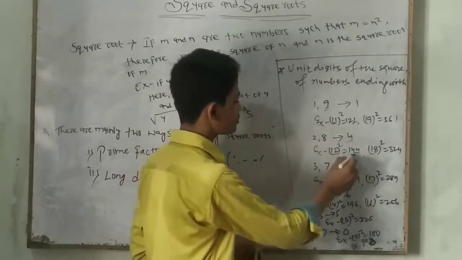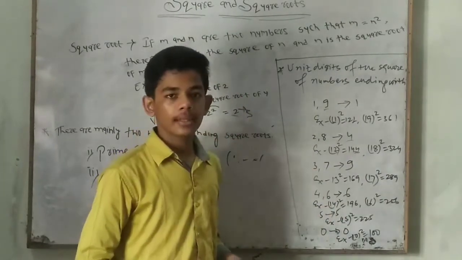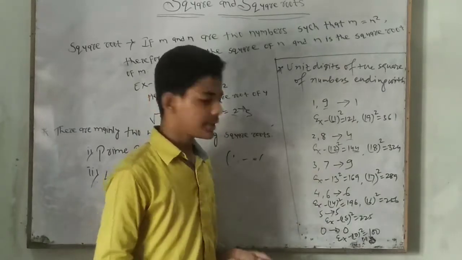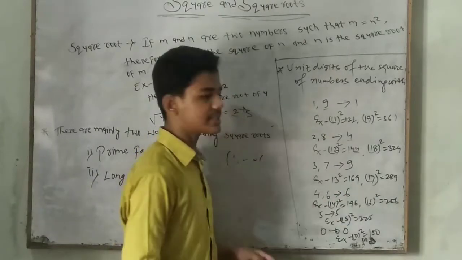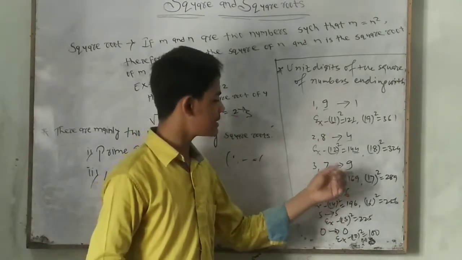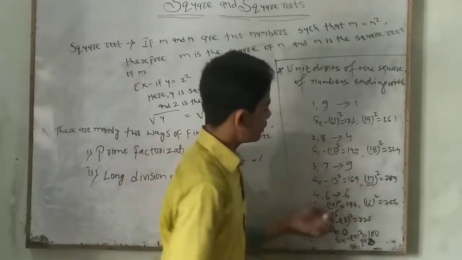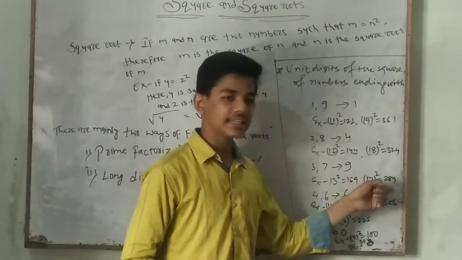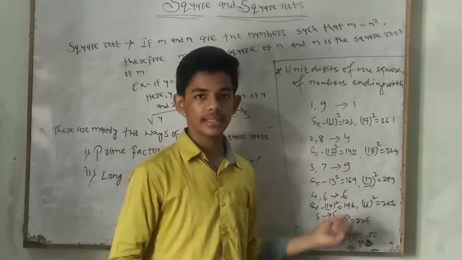Now the next, 3 and 7, then the unit digit will be 9. For example, 13 squared gives 169, and at the unit place 9 is there. 17 also: when we square 17, 289 is the result, and in 289 the unit digit is 9.